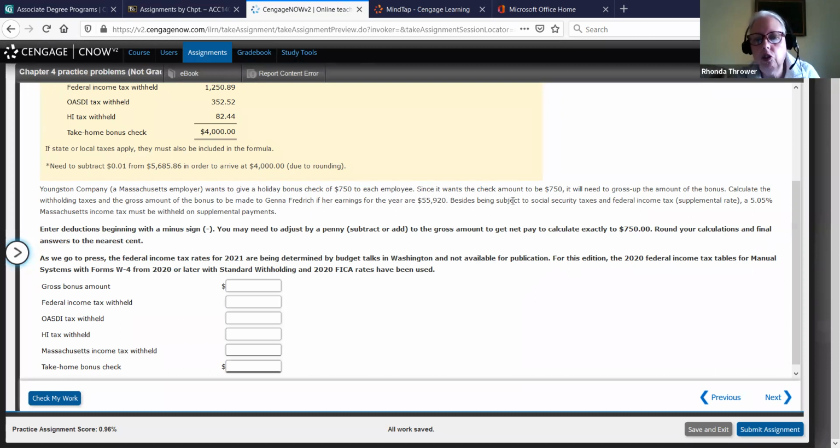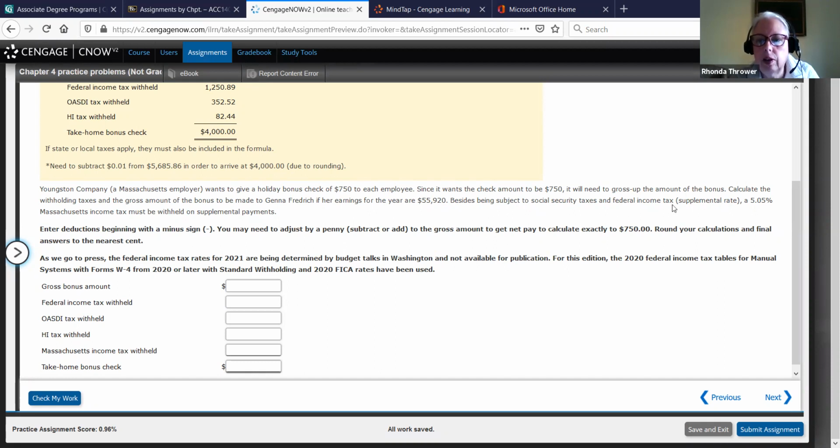Since it wants the check amount to be $750, it will need to gross up the amount of the bonus. Calculate the withholding taxes and the gross amount of the bonus to be made by Jenna Fredericks if her earnings for the year are $55,920.